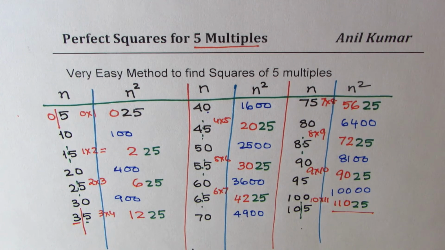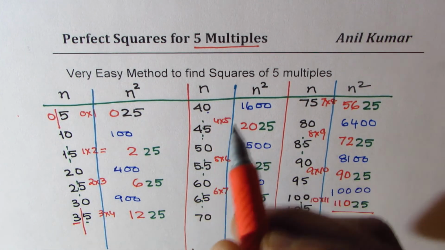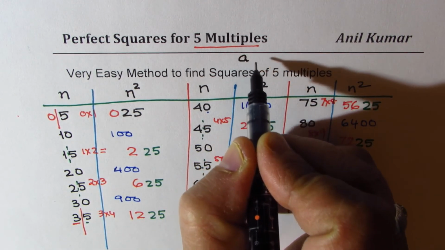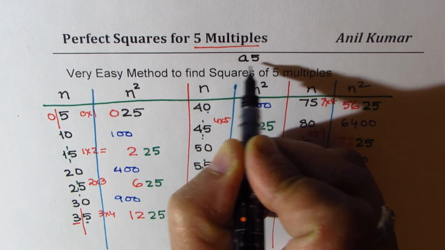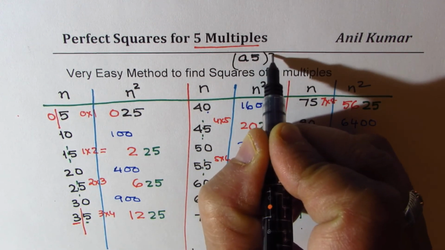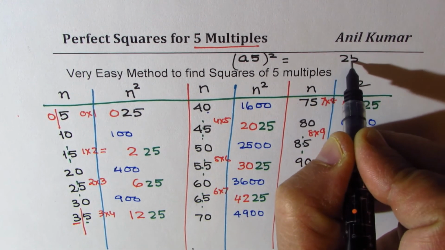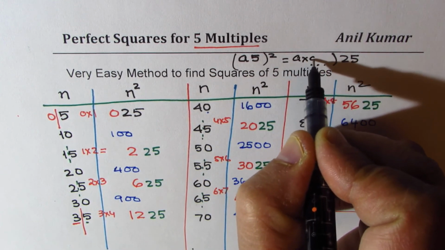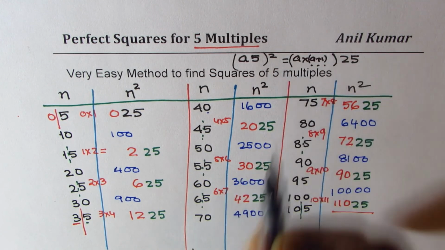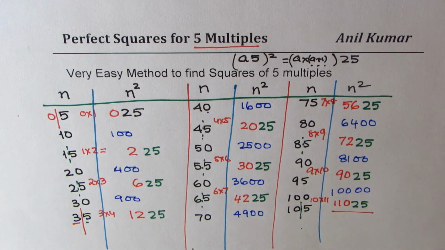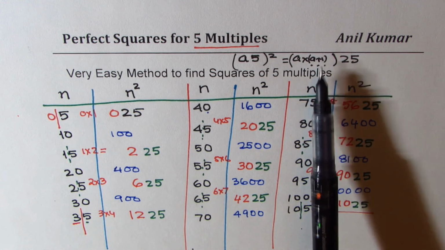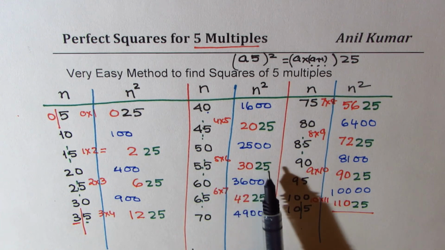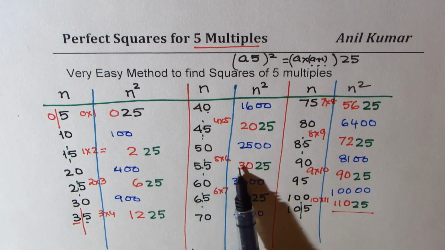Do you get it? So the simple trick here is that if I have a number which is, let us say, a5, then the square of this number is 25 at the end, and before it comes the number a times a plus 1, a number multiplied with a higher number, to get the number before 25. Just as for 15 we got 2, 25, and for 55, 5 times 6 was 30.